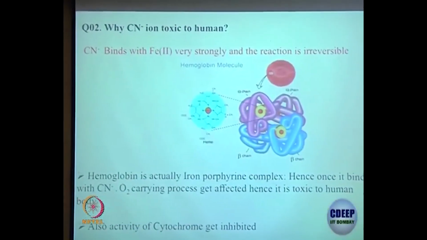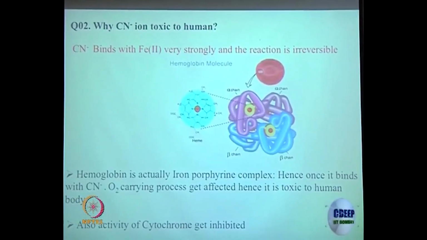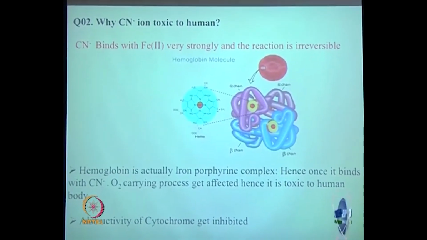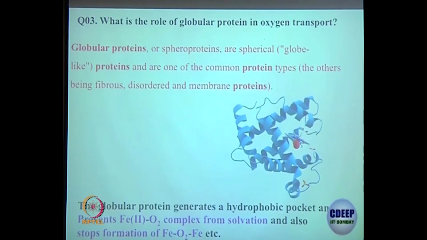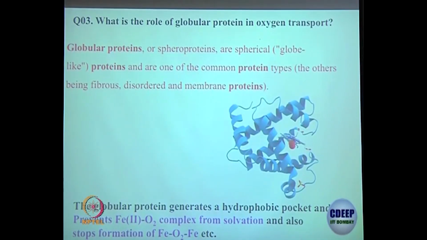The binding site for oxygen will be occupied by cyanide, and thereby it is toxic. That's an irreversible process. You cannot change it. So what is the role of globular protein in oxygen transport? It prevents the dimerization. It prevents the oxygen iron center from getting further oxidized, and other side reactions. A lot of side reactions can happen, that can be prevented by this globular protein.